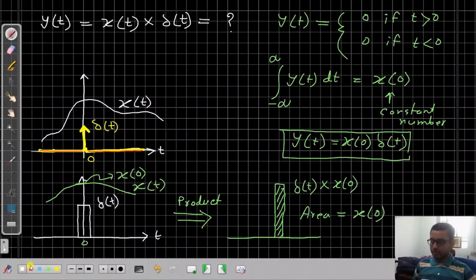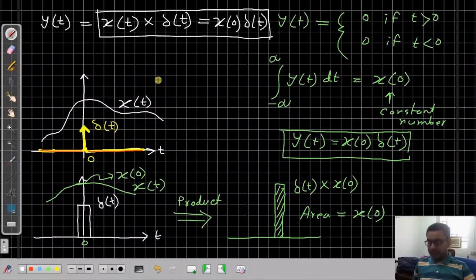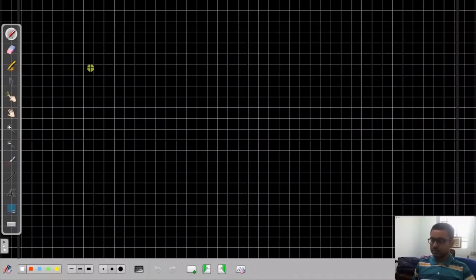Okay, I should rather write it here. This is the same as x(0) times delta(t), and therefore, as I said, x(t) delta(t) is the same as x(0), a constant number, multiplied by delta(t).